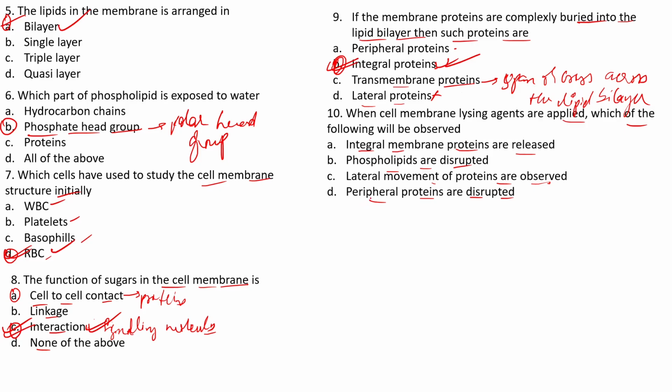It is the peripheral proteins. So if you apply membrane lysing agents, the proteins that are affected first are mainly the peripheral proteins. Hence D is our right answer. When peripheral proteins are disrupted, the lateral movement of the proteins is also disrupted. Remember, this is another consequence of using membrane lysing agents.